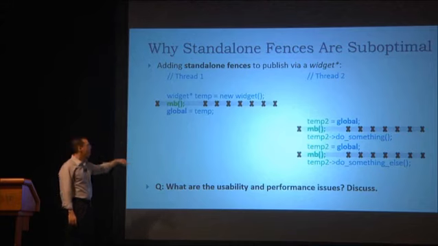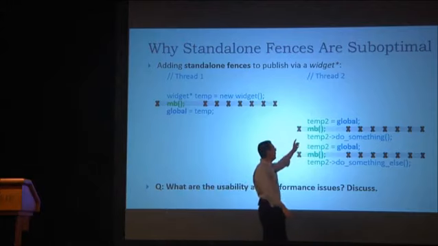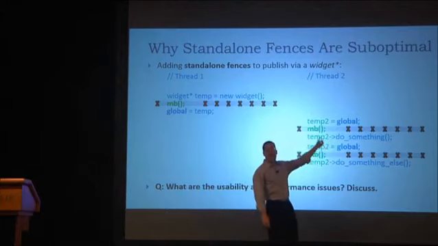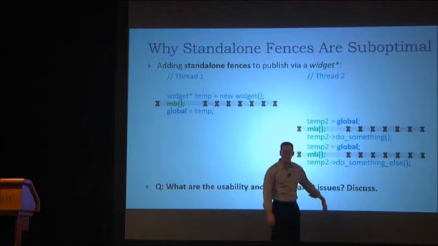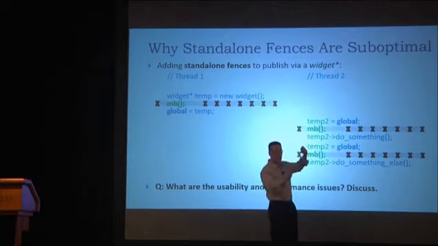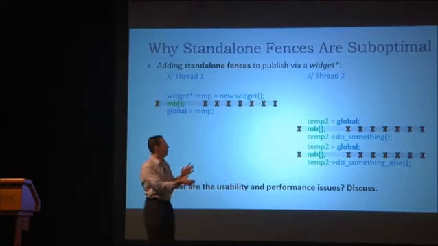OK. And over here, I simply inject the fence after the read from global to make sure that everything I do with the result of global stays down below. And let's just say naively, since there's 2 loads of global, I'll just do the same thing in each one. And we could collapse that also, which I'll show.